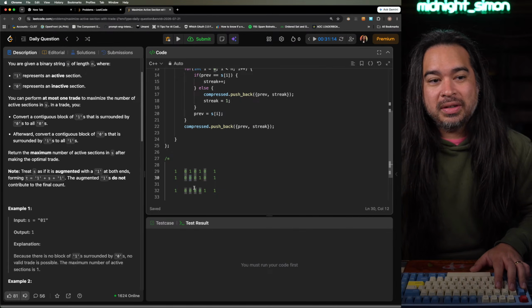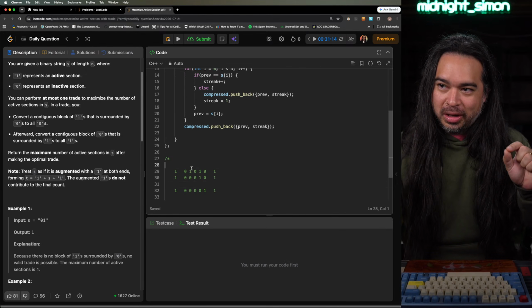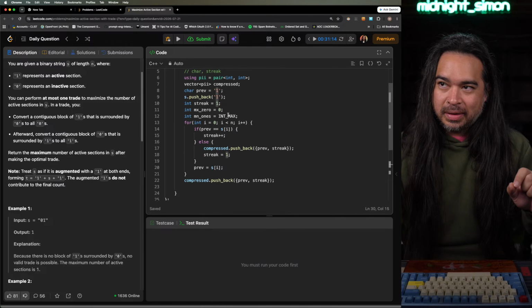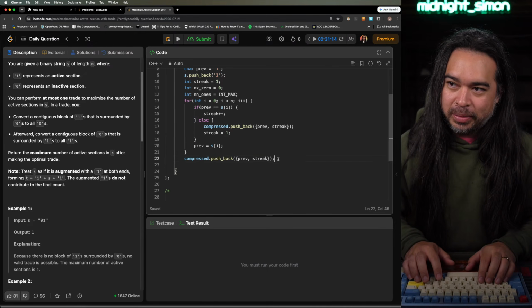So it's either a 1 streak plus the outer zeros, or it's this thing I'm trying to do, right? The max zeros and minimum ones. Alright, I lost my train of thought with this problem a little bit.